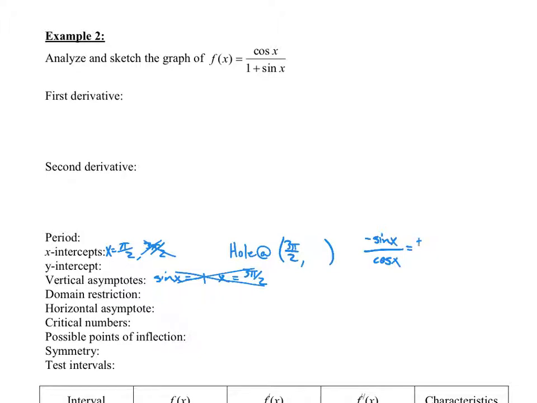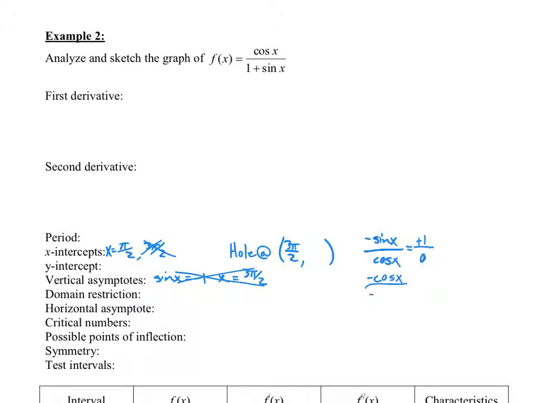So that's going to be 1 over, what's cosine of 3 pi over 2? 0, uh-oh, okay. That's not good. So why don't we try L'Hopital's rule again? What's the derivative of negative sine? Negative cosine.